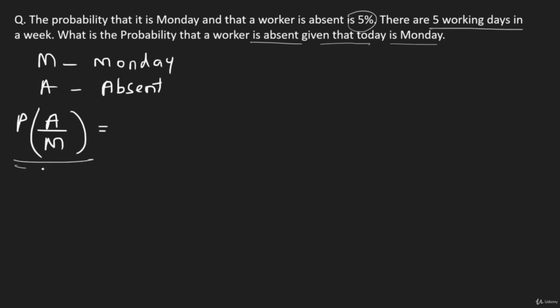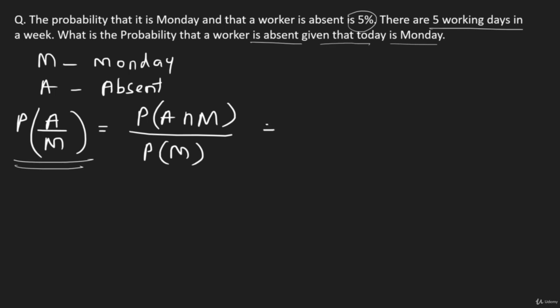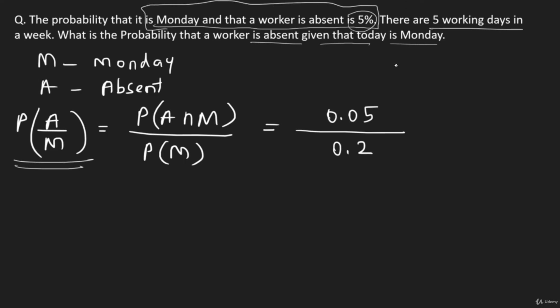We know that this expression is equal to probability of A intersection M divided by probability of M. This is equal to 0.05 divided by 0.2, right? Because it's mentioned that the probability that it is Monday and that the worker is absent is 5%. 5% is equal to 0.05.